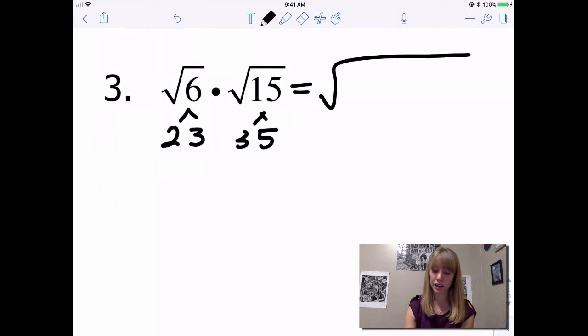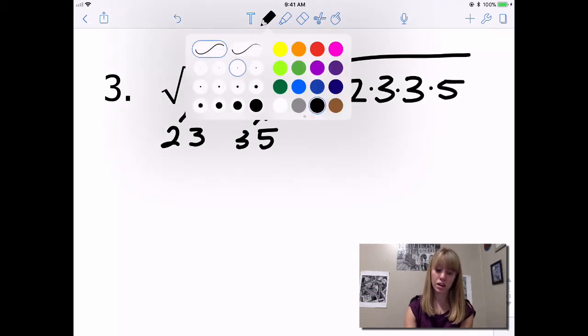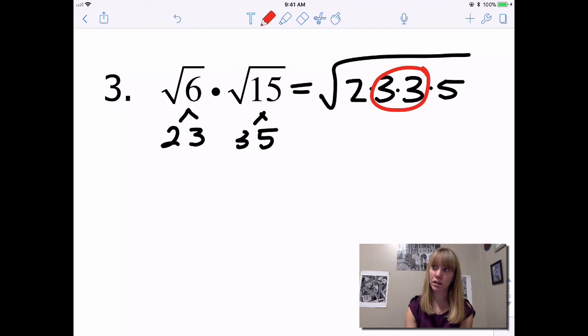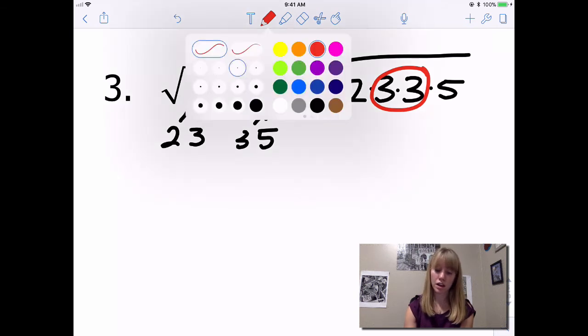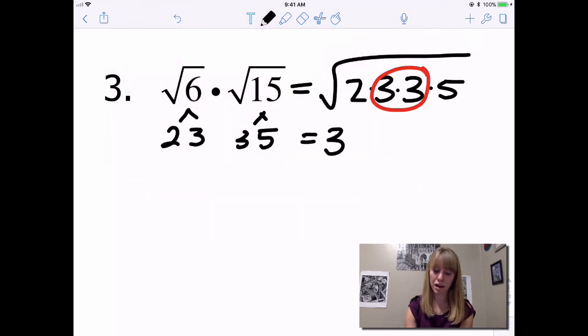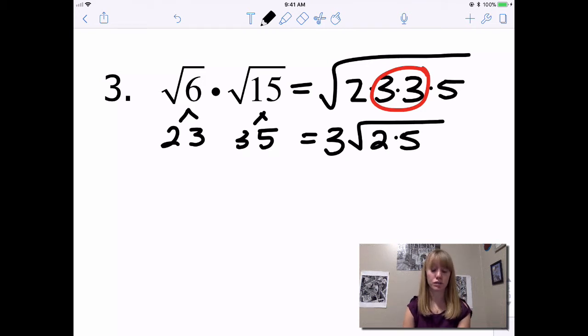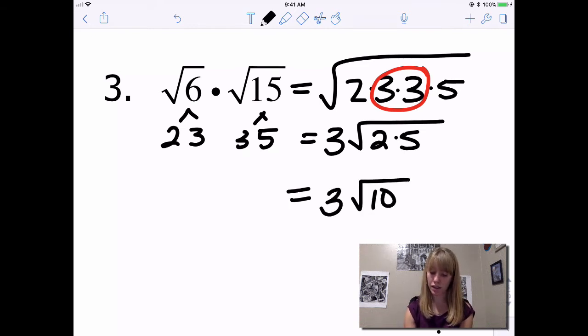So here I can say I'll put 2, 3, 3, and 5 all under that same square root. I've got one pair. That one pair can come out, and then 2 times 5 is under the square root. Final step is always going to be put together whatever you can. The 3 is on the outside times the square root of 10.